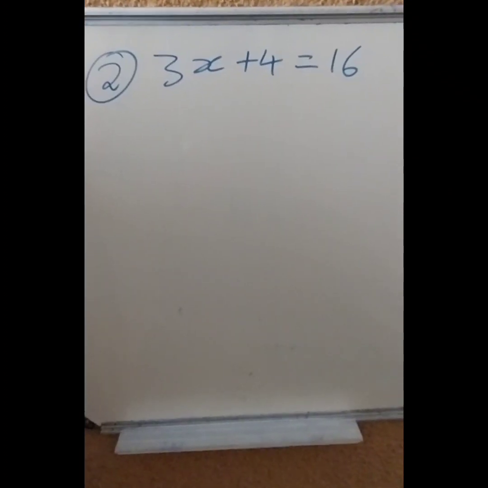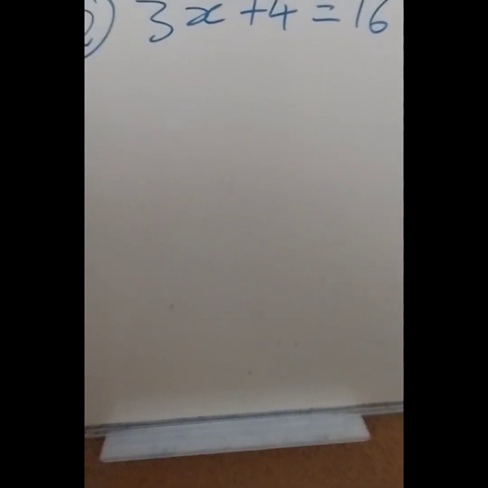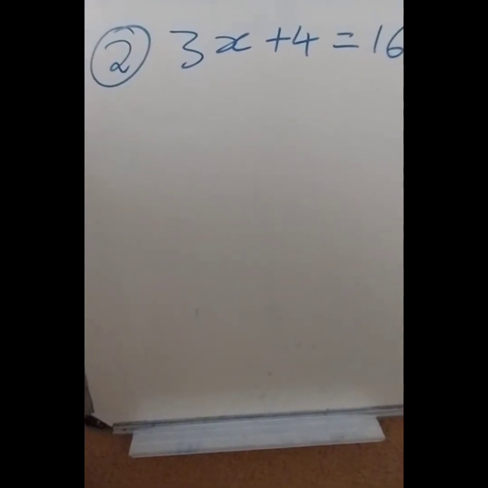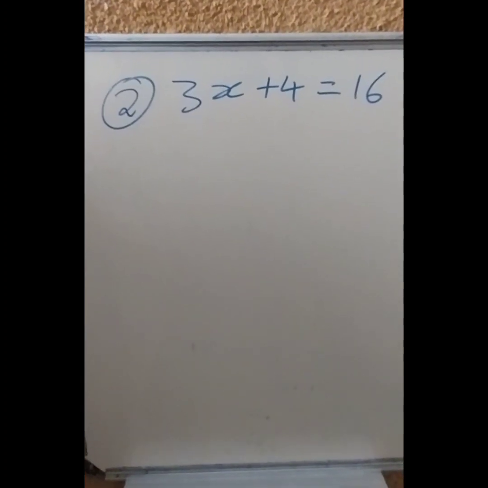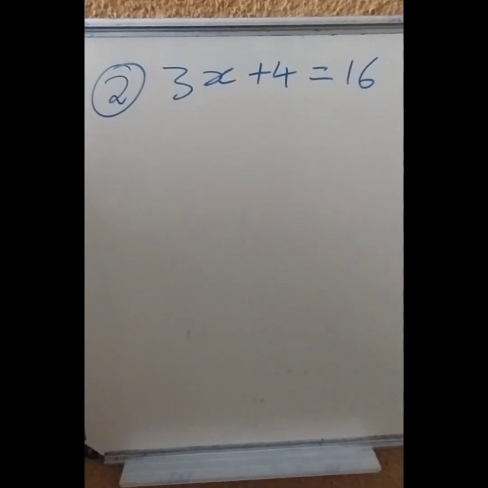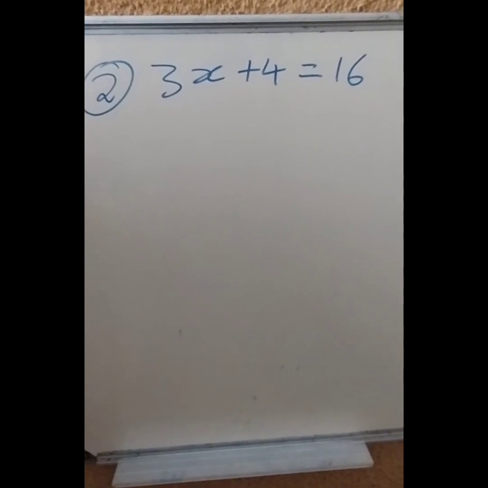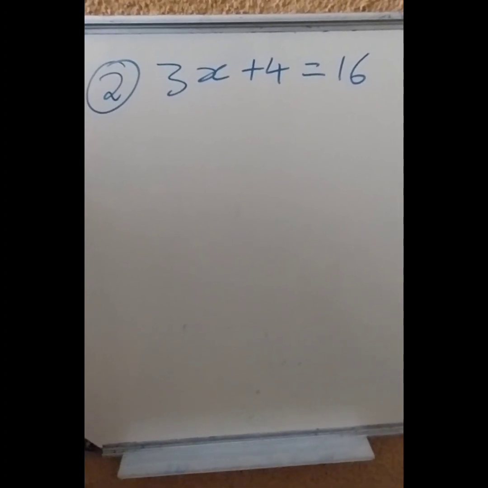Now we are going to look at solve for X on number 2. Therefore, now we are going to look at the additive inverse of positive 4. The additive inverse of positive 4 is going to be negative 4.